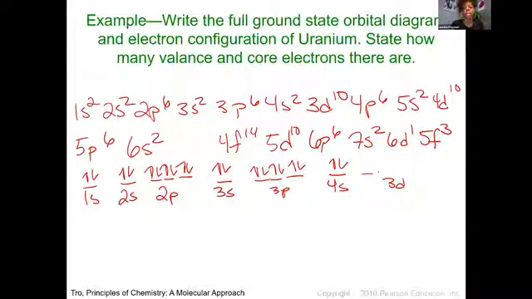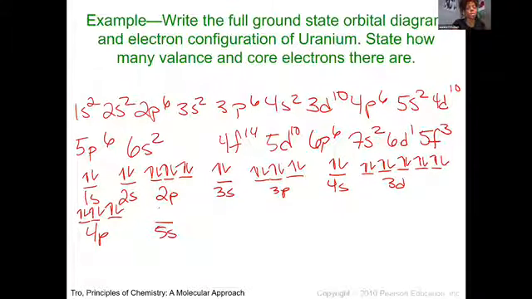3d, 5 orbitals, up, up, up, up, up, down, down, down, down, down. 4p, 3 orbitals, up, up, up, down, down, down. 5s, 1 orbital, up and down. 4d10.